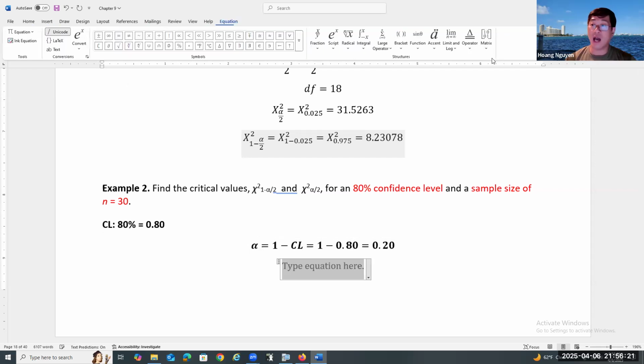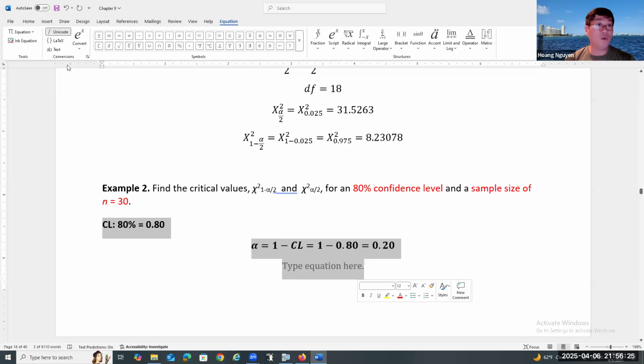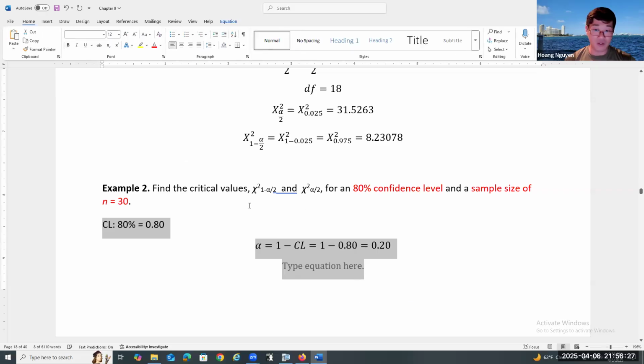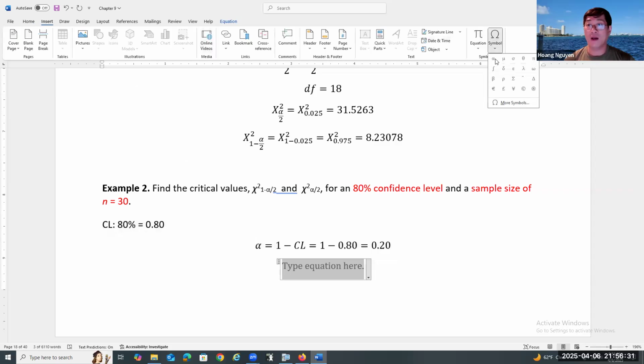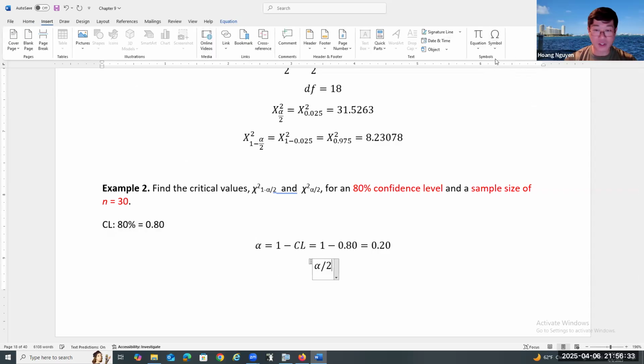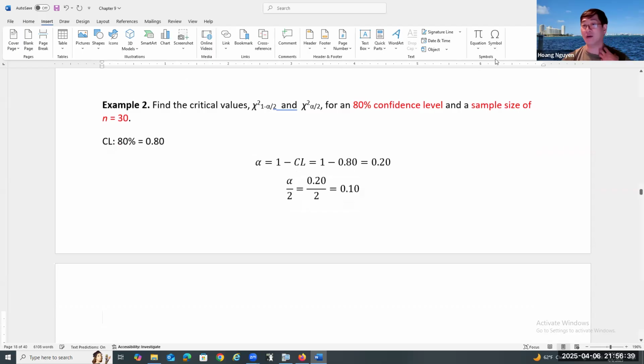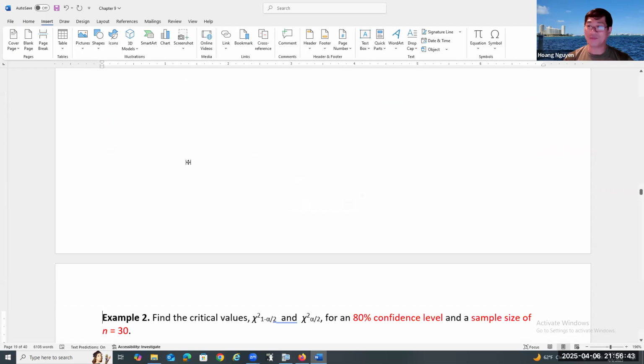Now, after we know alpha, we find alpha over 2 by taking alpha divided by 2, which is 0.20 divided by 2. That gives you 0.10.